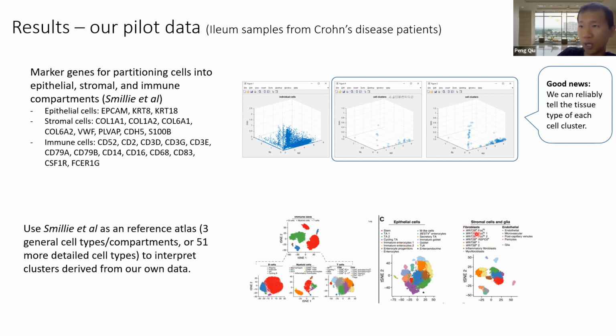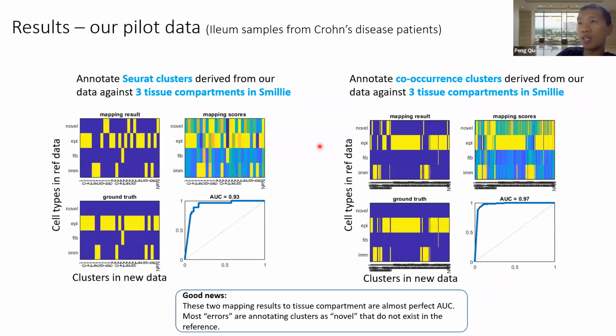Now we have this reference data set containing these cell types, and we have our own data clustered already. So one thing we can do is take our clusters here and use our algorithm to map our clusters against the three known tissue compartments, plus also a novel category, because our algorithm has this ability to explicitly label unknown.